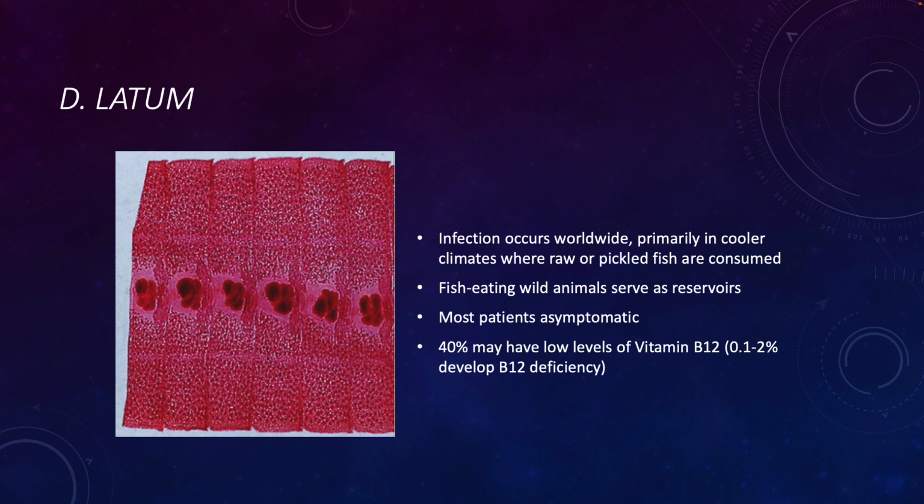The majority of patients, just like with all of the other tapeworms, are going to be asymptomatic, but because this tapeworm consumes the nutrients that you are ingesting, in approximately 40% of patients, there are lower levels of vitamin B12. And some patients, fewer than 2% of patients, will actually develop a B12 deficiency.